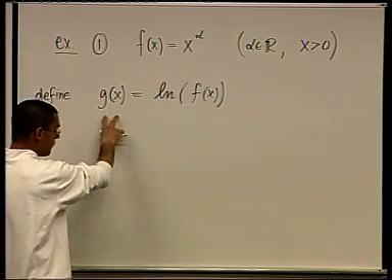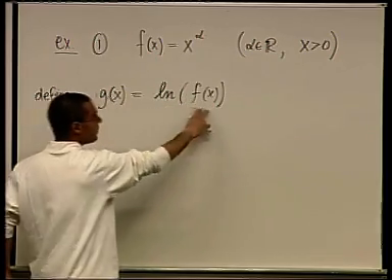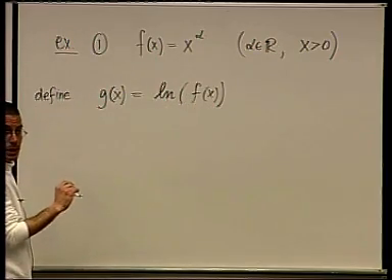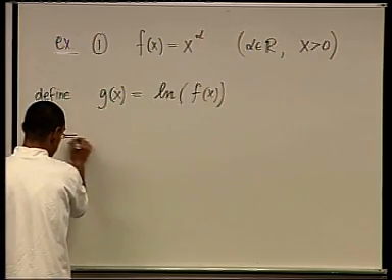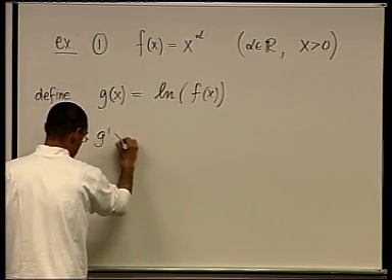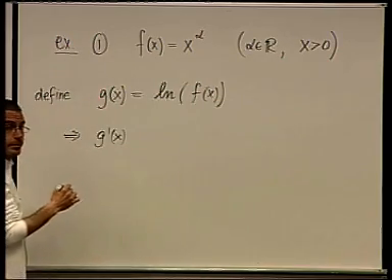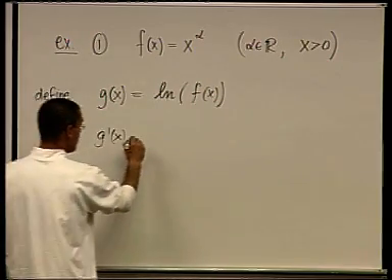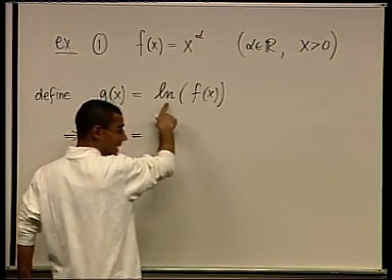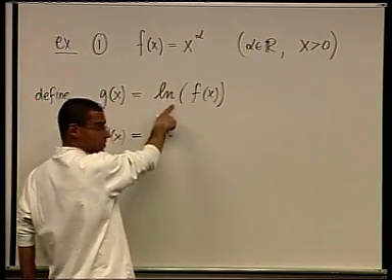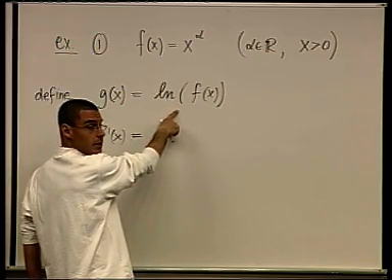Now, g is a new function. G is the composition of these two functions. Do you agree? So we can take the derivative of g using what? The chain rule. So the derivative of g at x is the derivative of the outer function, ln. What's the derivative of ln? 1 over.